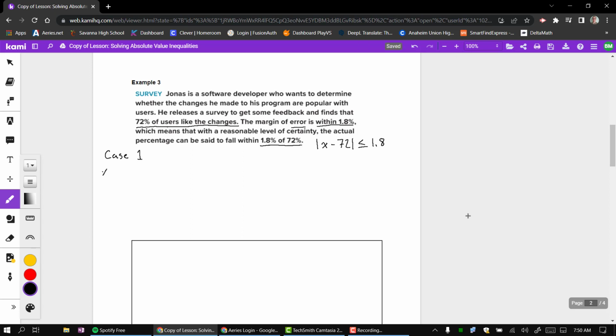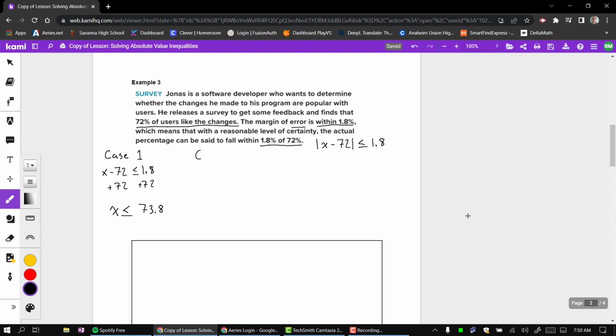So that means x minus 72 is less than or equal to 1.8. So I add 72 to both sides, and I get x is less than or equal to 73.8. So our top percentage would be 73.8.